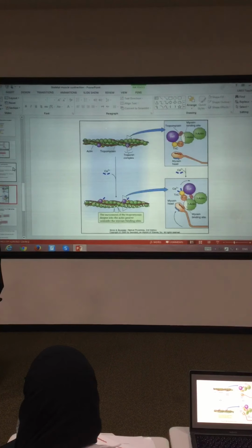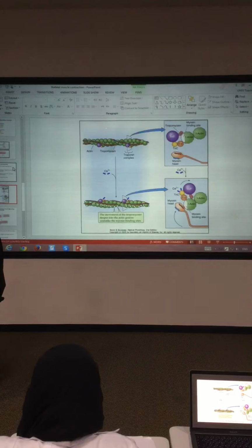What makes tropomyosin move away is when the intracellular calcium increases. Intracellular calcium ion comes and binds to troponin, so that the troponin now influences the tropomyosin, and the tropomyosin moves. Now this site is exposed, and the myosin head can bind.